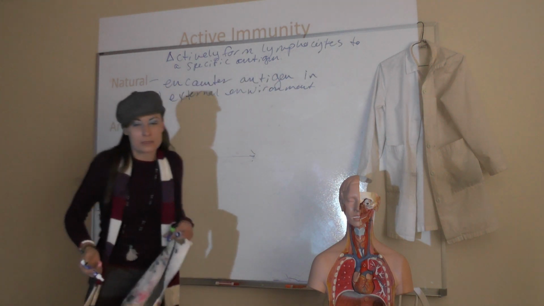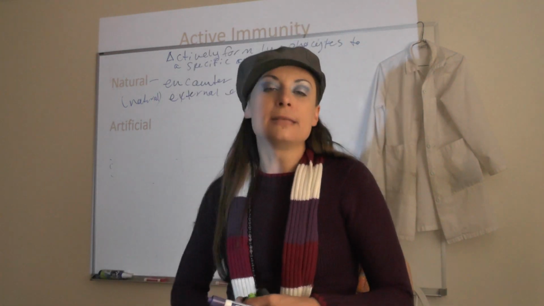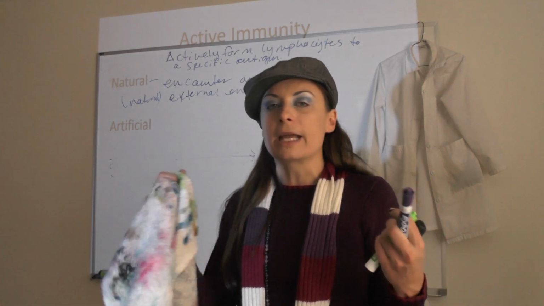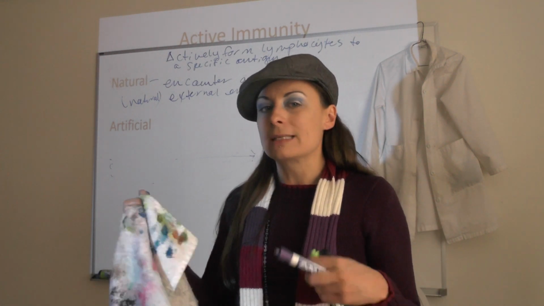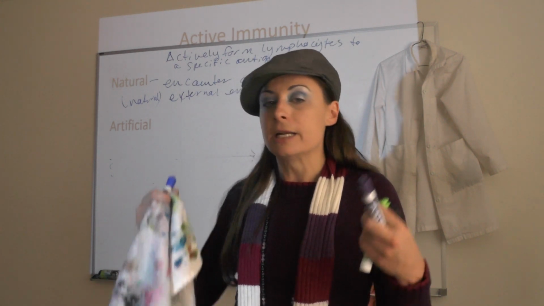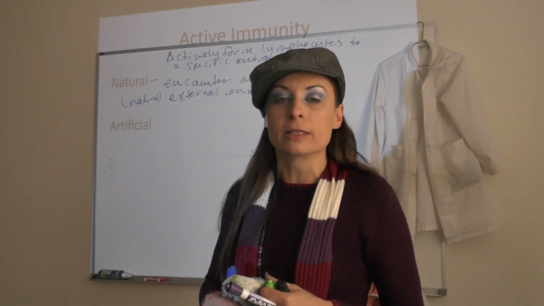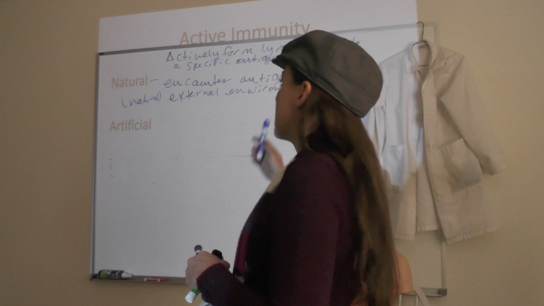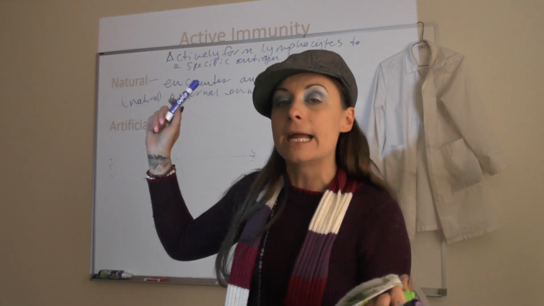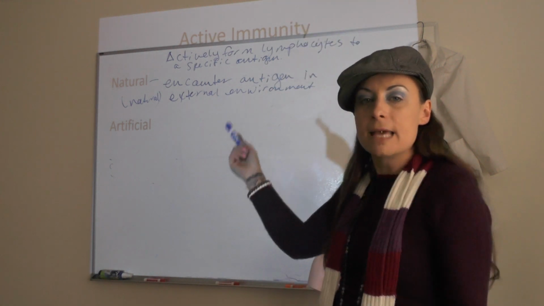Because the doctor's office is also part of the environment, and that's where you're going for artificial immunity. Vaccines give you artificial active immunity. So what you do is you give like an innocuous version or sleeping version or dead version of some antigen to your body, and it still has that epitope that can be recognized by your lymphocytes. So it's active immunity because you're still actively making lymphocytes, but it's artificial because it's synthetic.